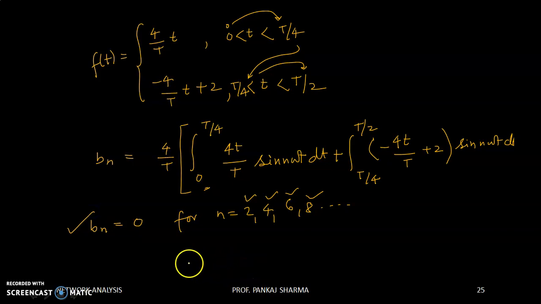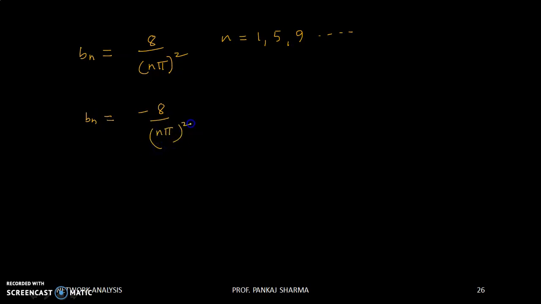And after calculation we have another value: Bn is equal to 8 upon n pi whole square for n is equal to 1, 5, 9, and Bn will be equal to minus 8 by n pi whole square for n is equal to 3, 7 and so on.